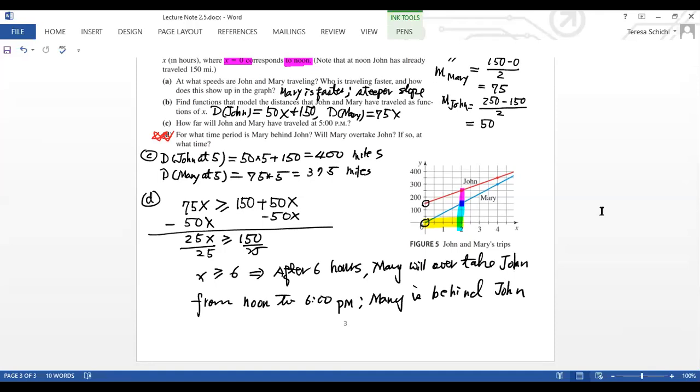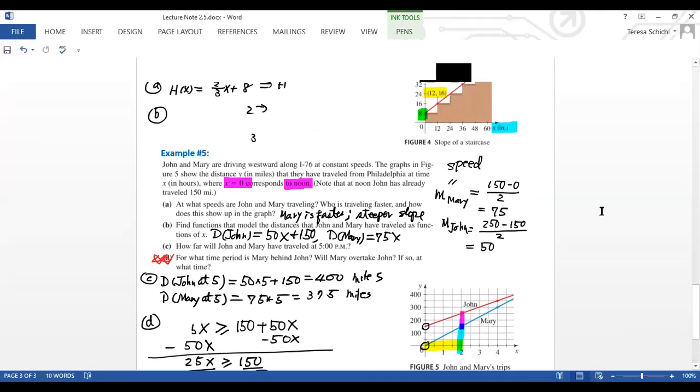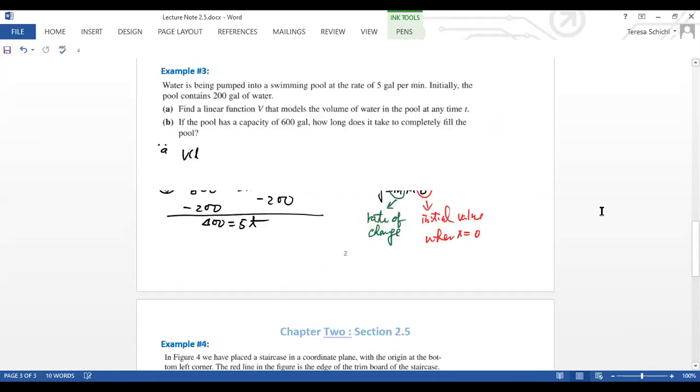That's it for this lecture on linear models. It's a very important topic. Even though it is easy, linear functions always play a very basic role in algebra, and that's what this chapter is about. Let's refresh our memory. What is a linear function?